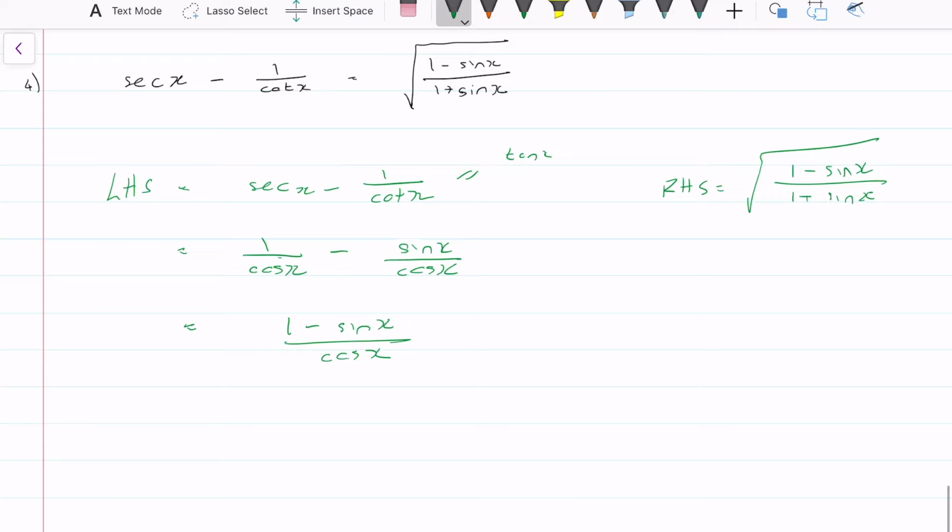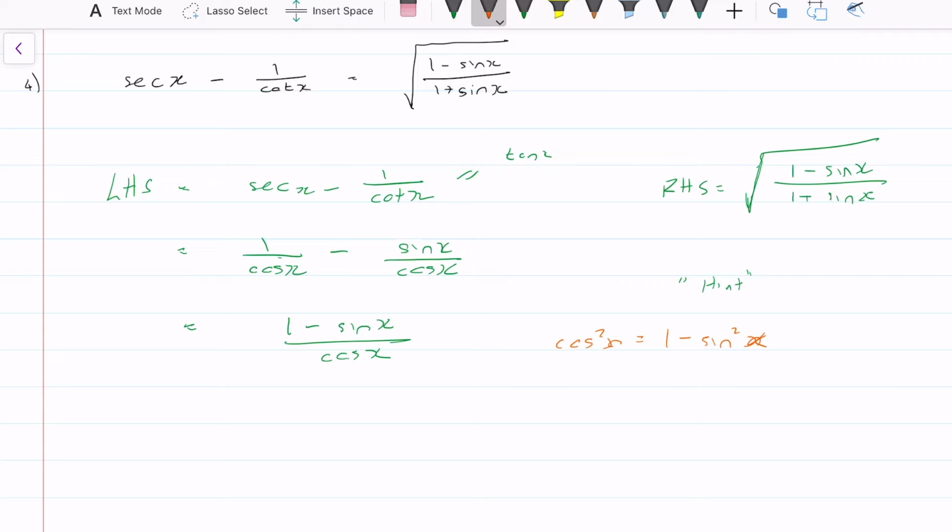So we need to figure out how we can get this bottom part. We also have been given a hint by the square root, because we know that cos squared x is equal to 1 minus sin squared x, right?